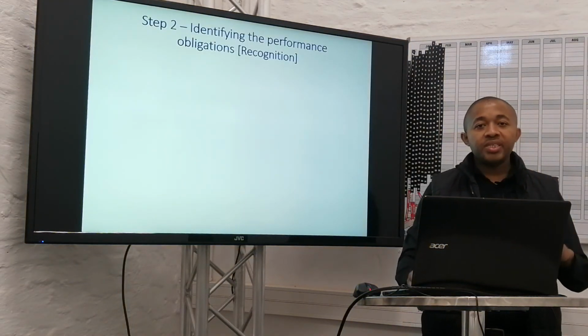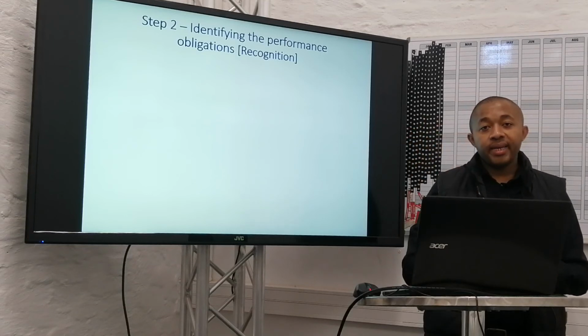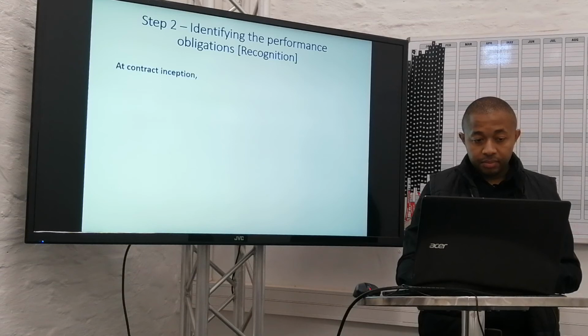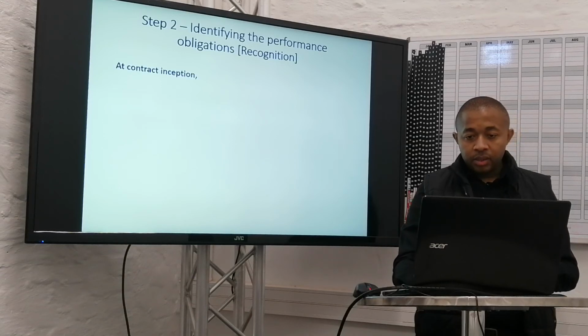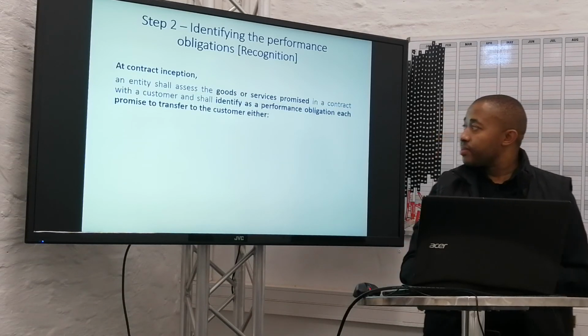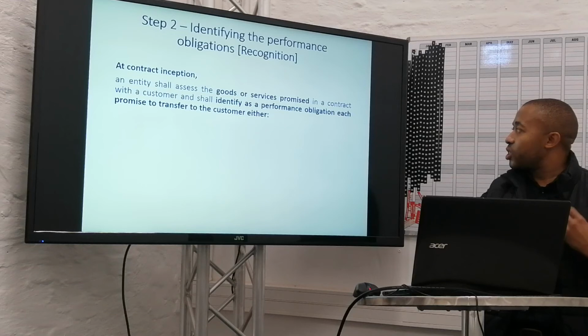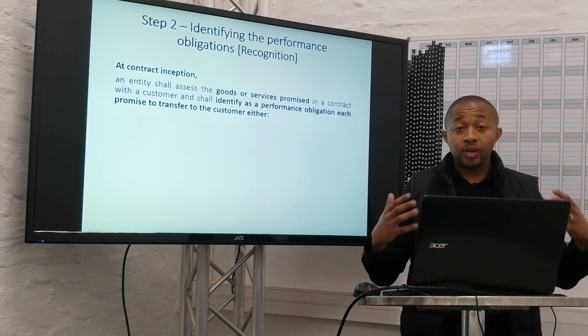Now, step 2 is identifying a performance obligation. At the inception of the contract, an entity shall assess the goods or services promised in a contract with the customer and shall identify as a performance obligation each of the promises to transfer goods.